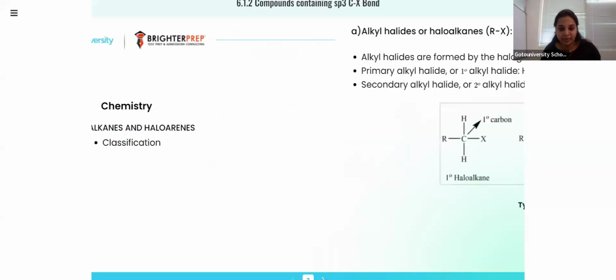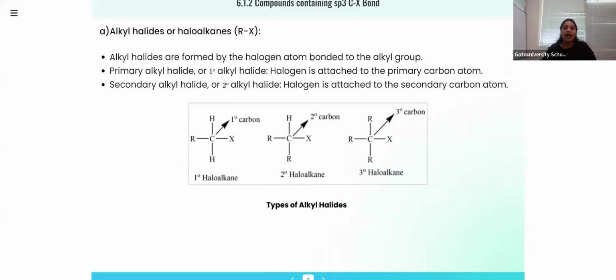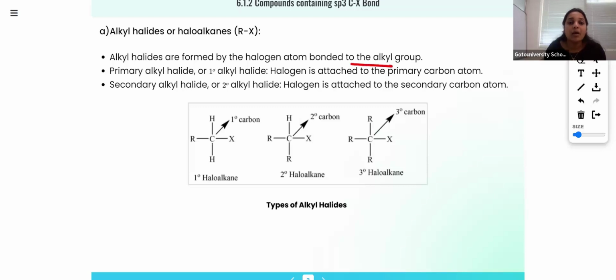Next, based on the hybridization of the carbon atom, we can classify them again. First, alkyl halides or haloalkanes, the same thing I discussed before. Alkyl halides are formed by a halogen atom bonded to an alkyl group. Here we can classify them into primary, secondary, and tertiary haloalkanes.